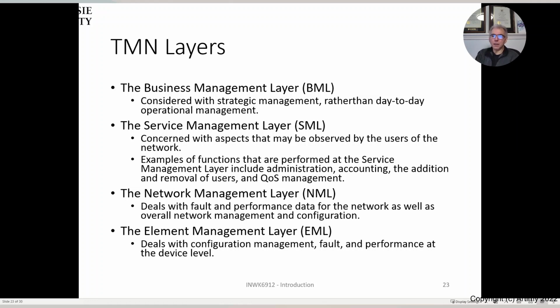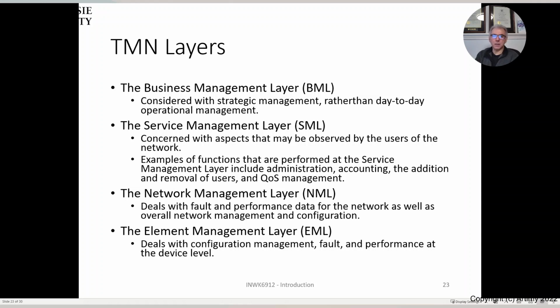And finally, at the top layer is the business management layer. So this is from the management perspective, not from the network perspective. How much resources we used, the budget, strategies to improve the services or add new services to the network.